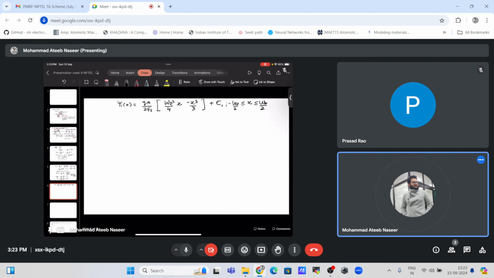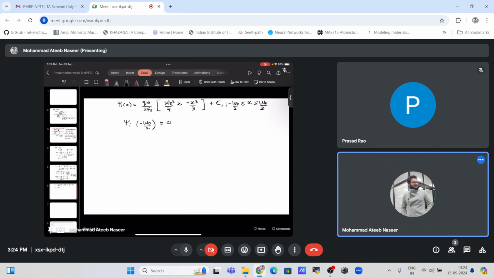So we now have to find the potential variation, and we know at minus Wd by 2 we have to take some point as a reference. We say the potential is 0.